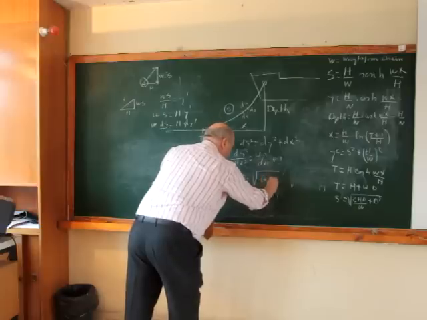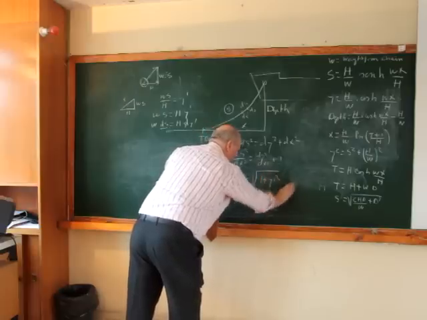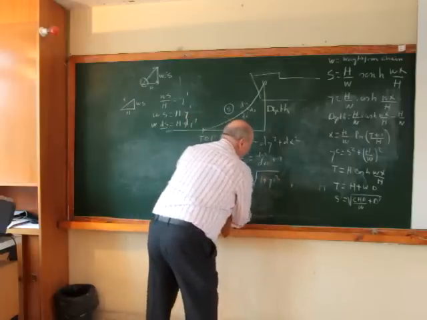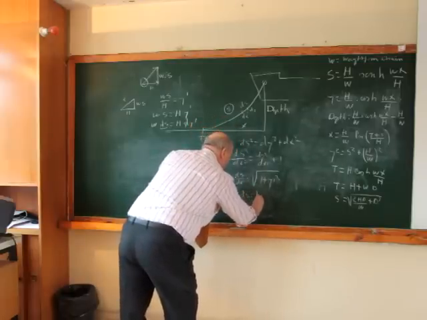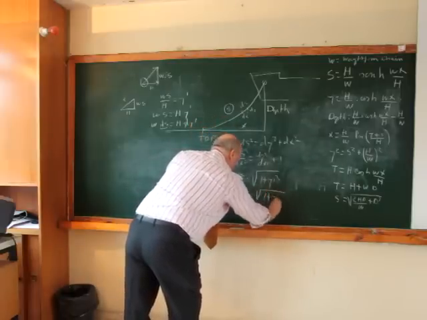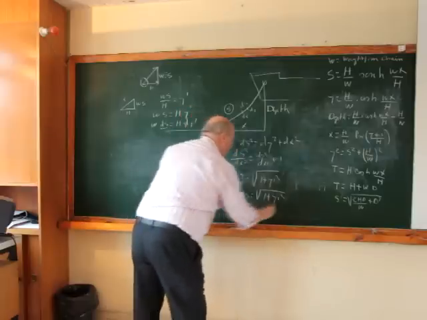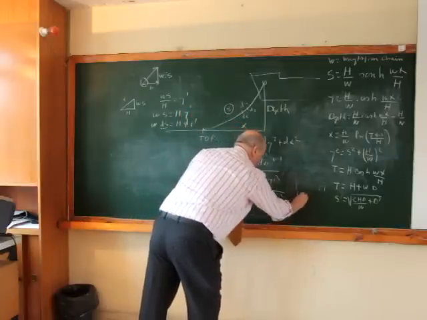Now, to make it more classical, ds equals the square root of 1 plus the first derivative squared, multiplied by dx.